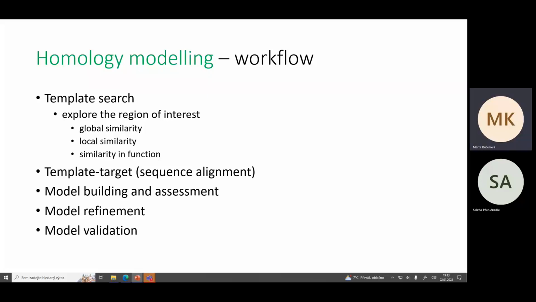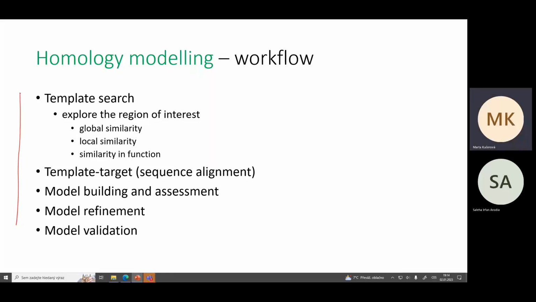I would like to mention also homology modeling in the development of active compounds. So this is a typical workflow. Please, when you study for the test, remember the workflow. Homology modeling is used when we do not know the 3D structure of a protein.